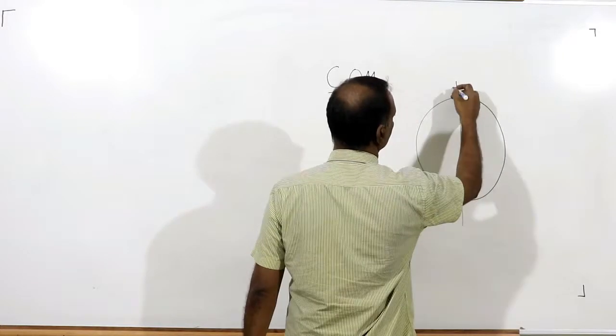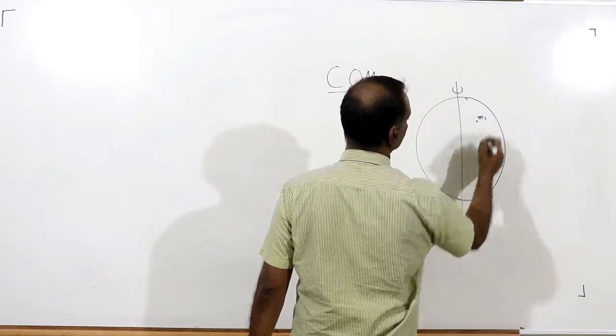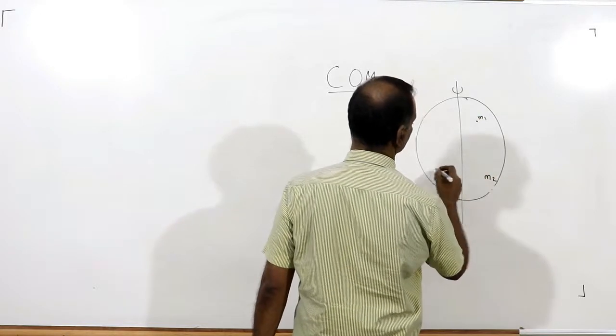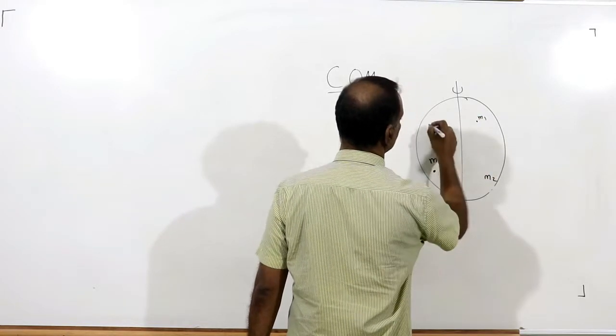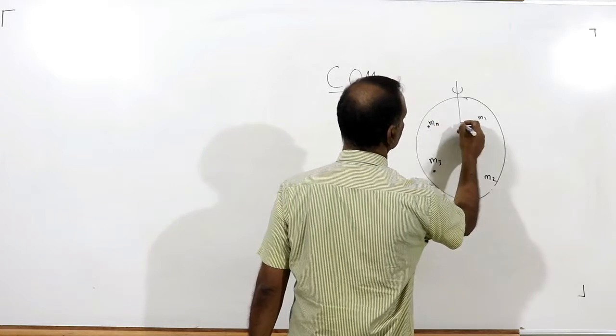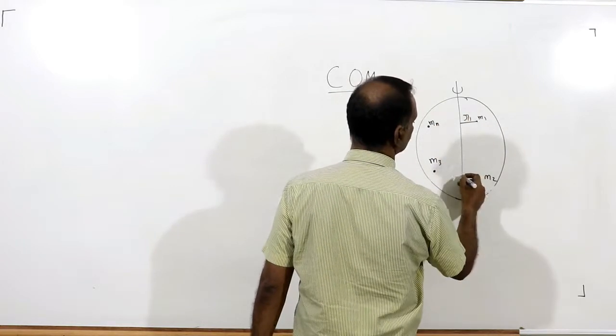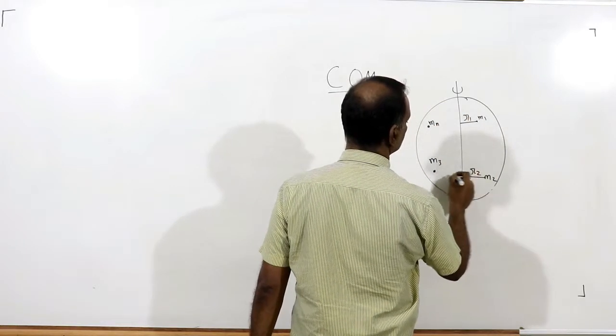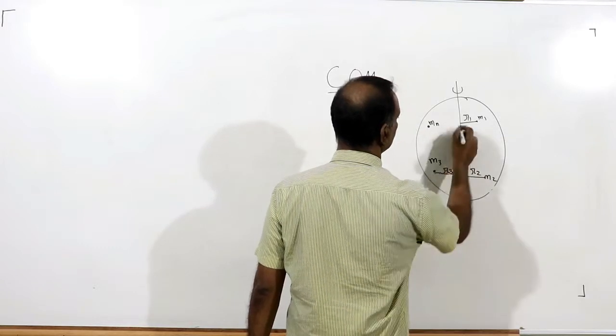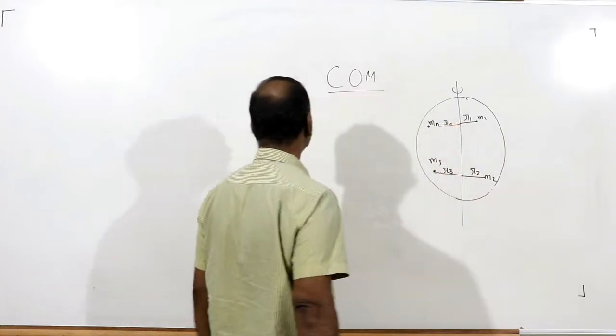Suppose this is the axis of rotation, this is M1, this is M2, this is M3 and say the nth particle. It is at R1, R2, R3, R4.